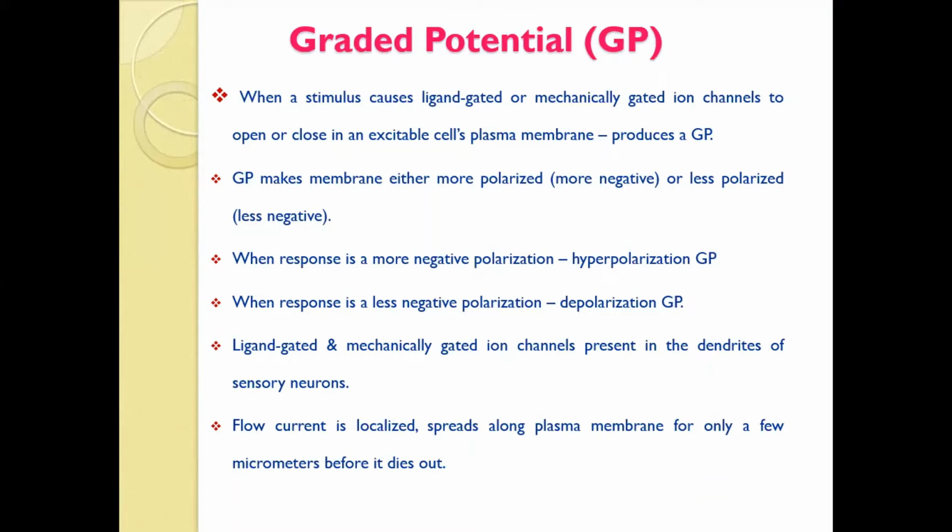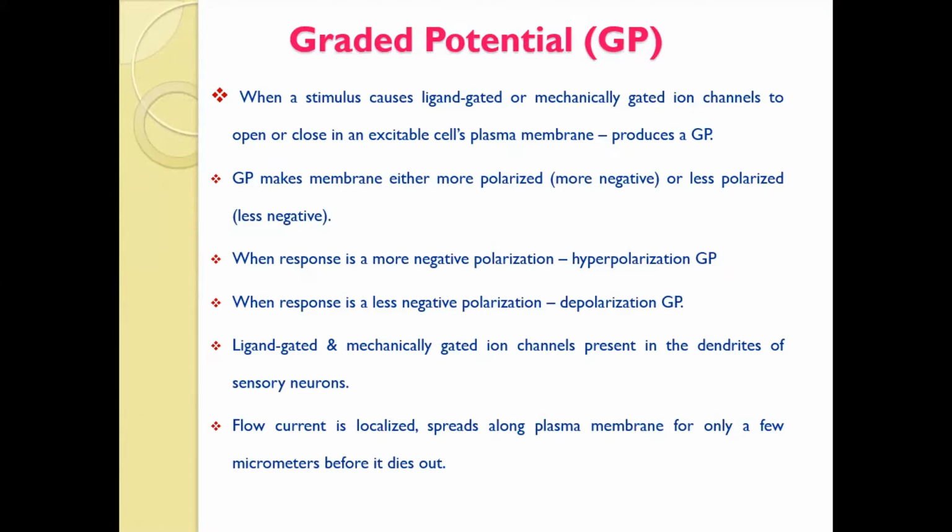A graded potential makes the membrane either more polarized or less polarized, so it can be hyperpolarized or depolarized. When the response is more negative polarization, it causes a hyperpolarizing graded potential, and when the response is less negative polarization, it causes depolarization.